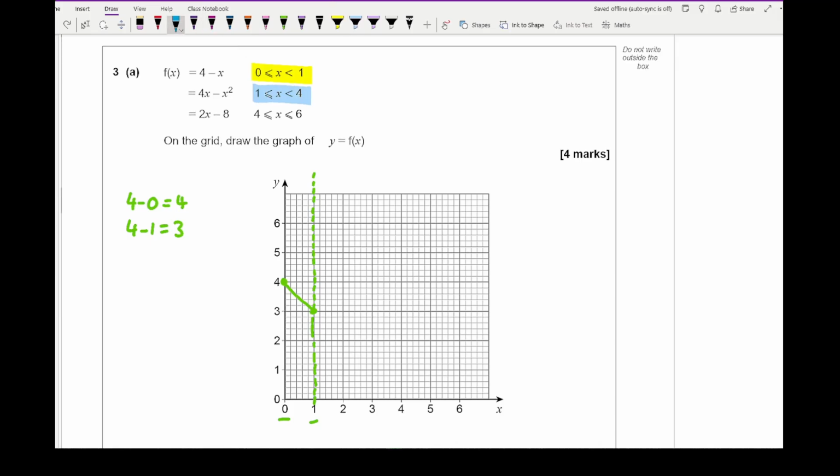Here we've got the equation of 4x minus x squared, and I've got the range of 1 to 4.